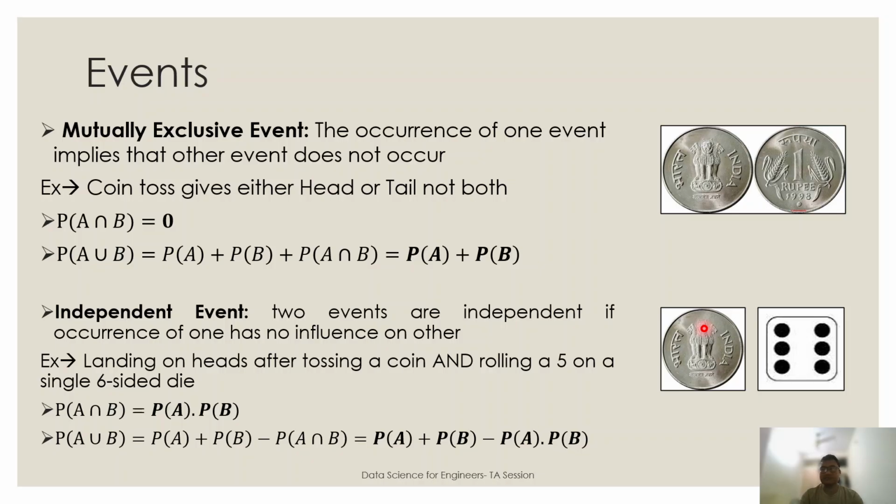When you toss a coin, head appears. When you toss a die, it will give you one, two, three. These two things are not dependent on each other. Either it will be head or tail, and this event is not dependent on that event.